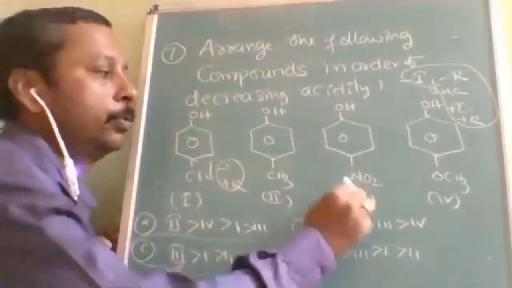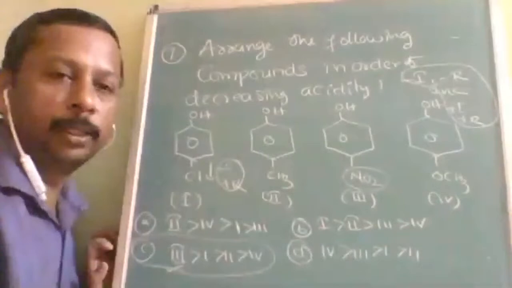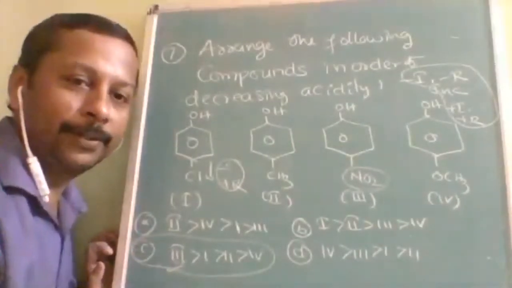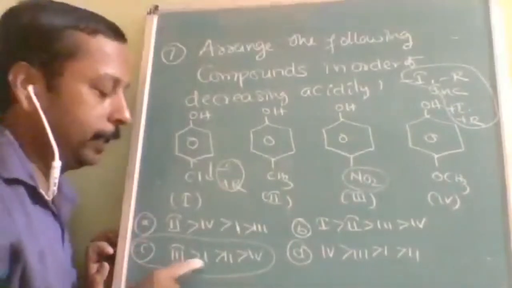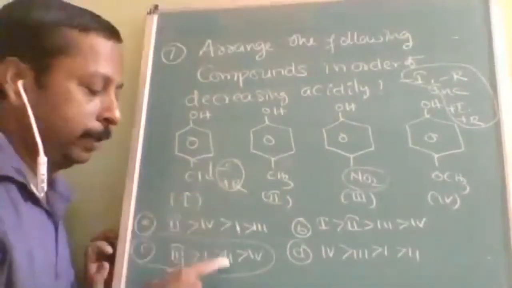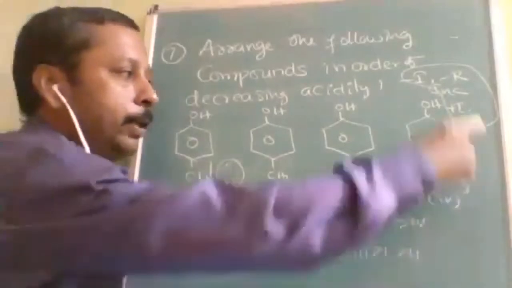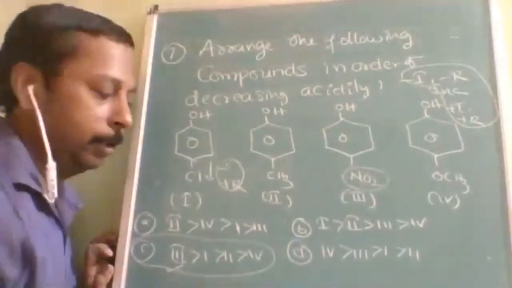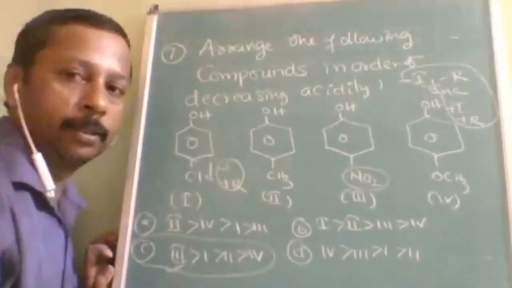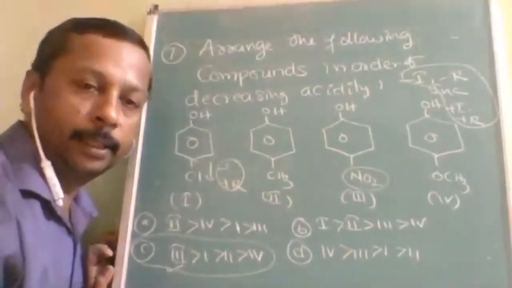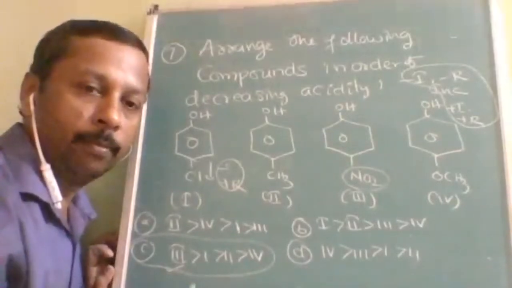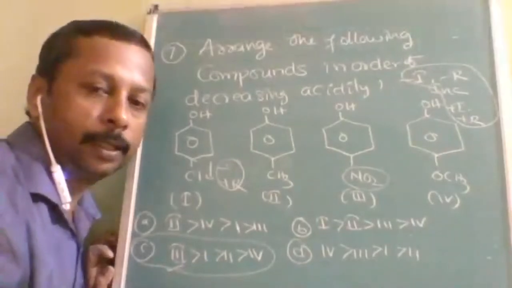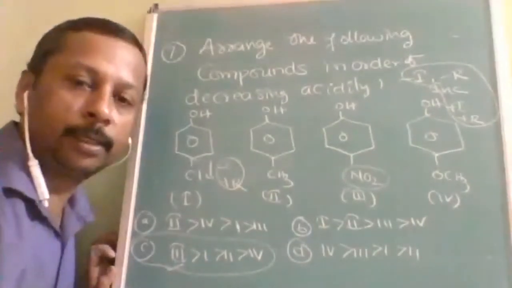Otherwise, you have to cross check sometimes. So 3 greater than 1, which has minus I. Then 2 is releasing, and the most activating is anisole, that is the OCH3 group, so fourth will be the least. The more the donating tendency, the less the acidic strength. The more the withdrawing tendency, the more the acidic strength. Is it understood how to apply the concept and what the concept is?